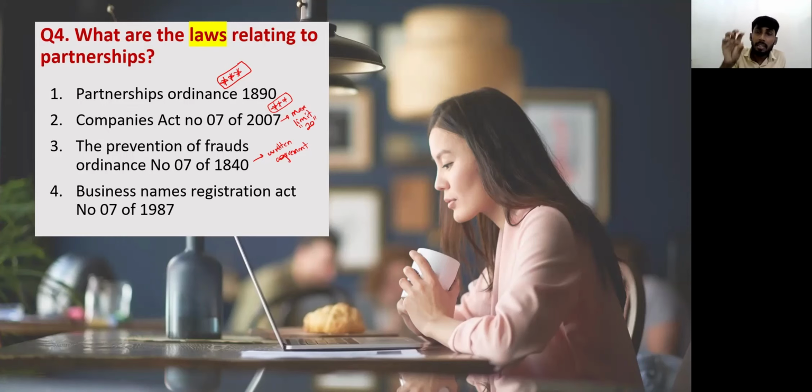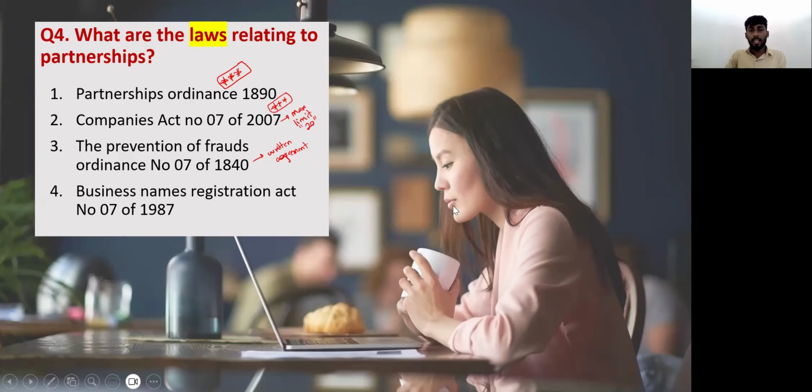But in case the business is conducted using a separate name, irrespective of the names of the partners, then that name should be registered. So now, in case ABC partners are conducting a business, then they should name it ABC partners. If so, no need to register. But in case the ABC partners are doing the business as a handicraft partnership, then they should register the name. For that purpose, this Business Names Registration Act number 7 of 1987 is required. So now we know all the 4 laws relating to partnerships.